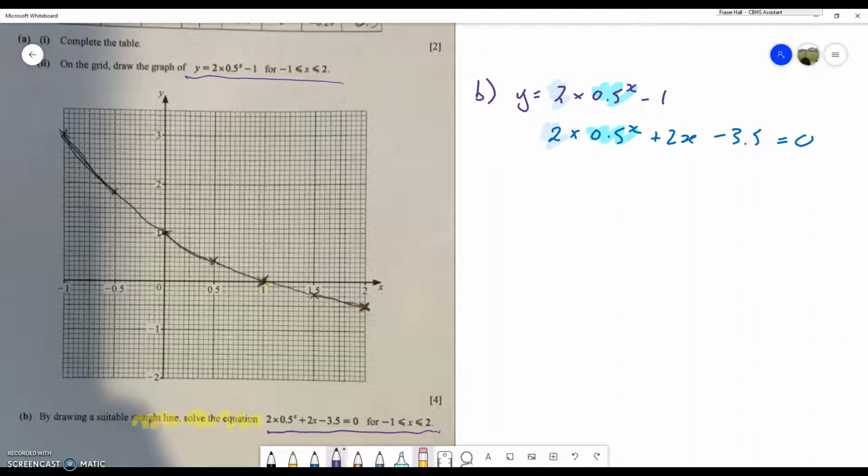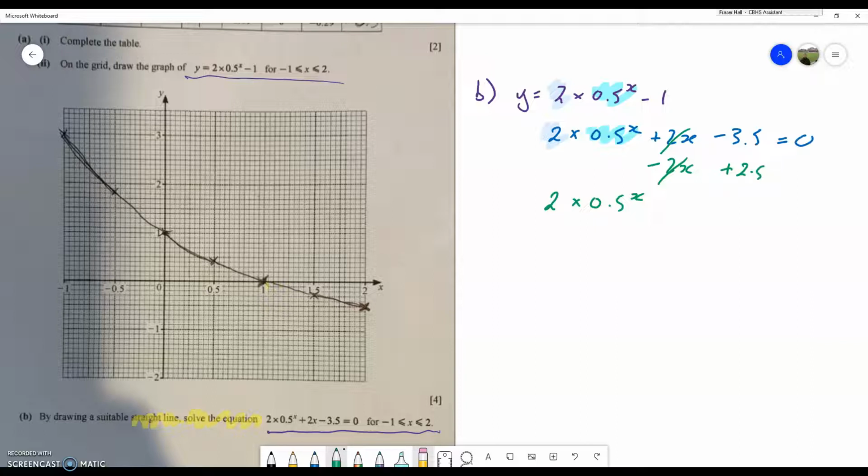So for me to change the second function to be similar to the first function, the first thing I'm going to have to do is remove the 2x. All right, so we've still got 2 times 0.5^x. They cancel out. And also, because we've got the -1 there, we've got minus 3.5, so I have to add 2 to get 2.5.